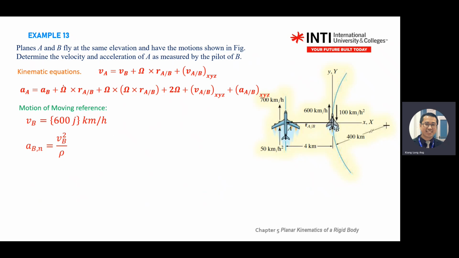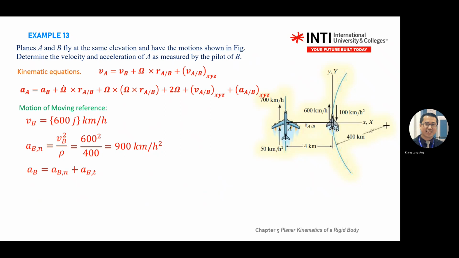Rho is given, VB is given, so you find your VB. Same with tangent. Acceleration always has tangent and normal directions, right? So you put in accordingly. Normal you find, tangent is already given. Tangent acceleration goes back from your Y, so negative 100.